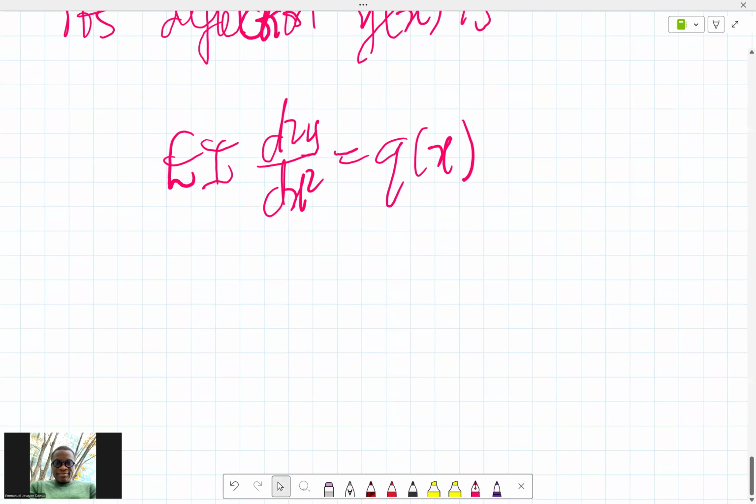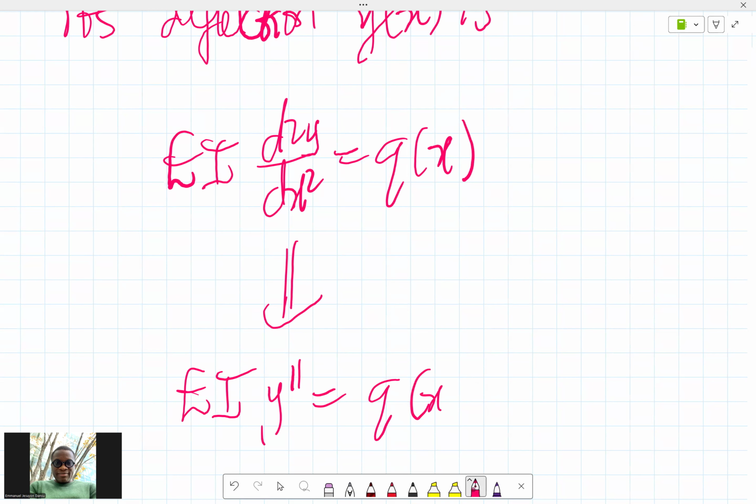Of course, in the shorthand form I've been writing, this is EI y prime prime equals q(x).